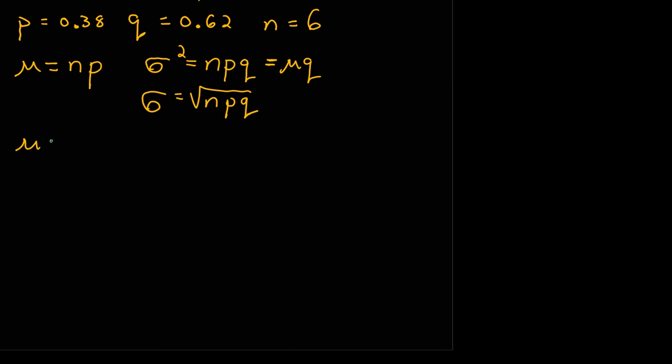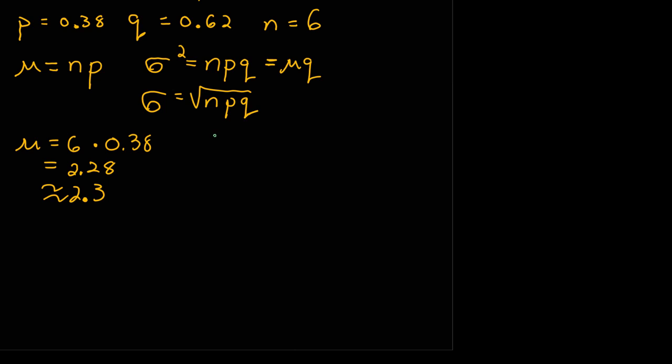To calculate the mean, we'll take 6 times 0.38, which equals 2.28, or approximately 2.3.